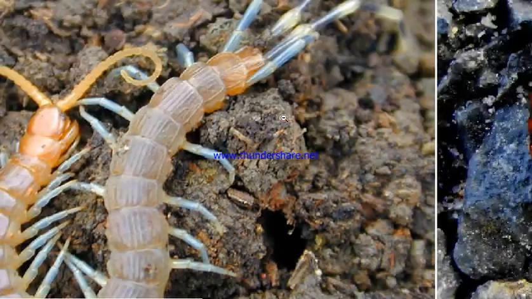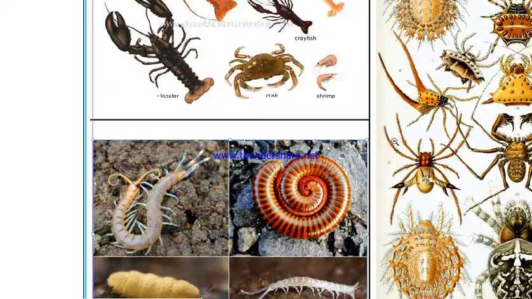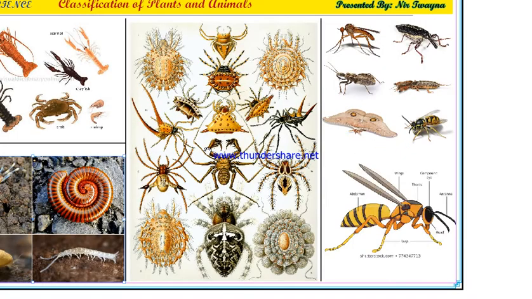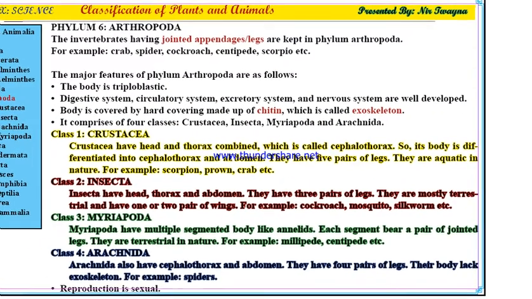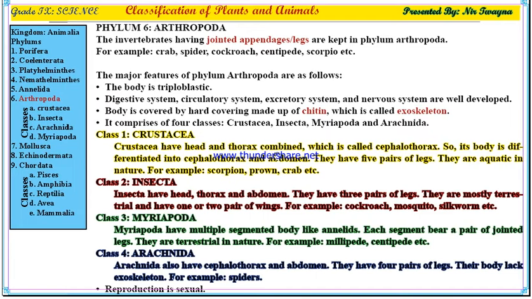So Arthropoda basically means jointed legs. The animals which have jointed legs are kept in the phylum Arthropoda. Some examples are crab, spider, cockroach, centipede, scorpion, etc.